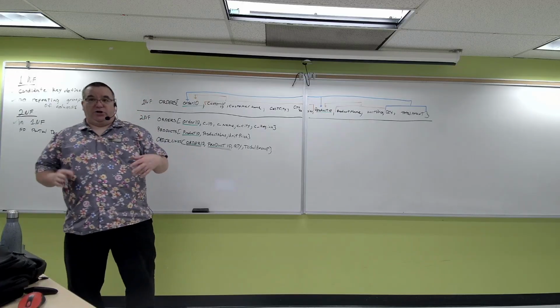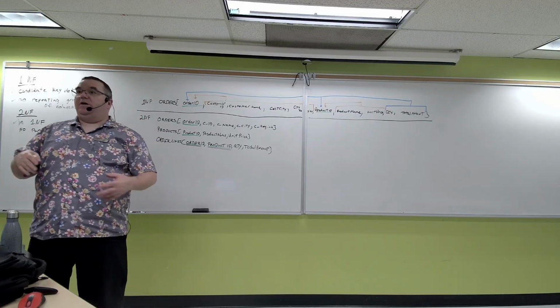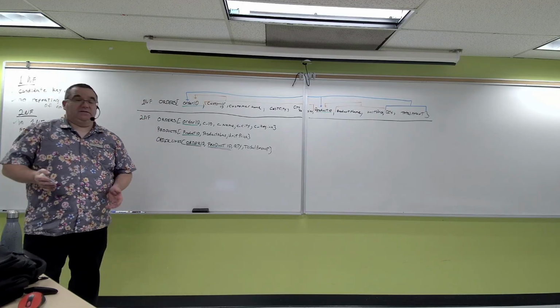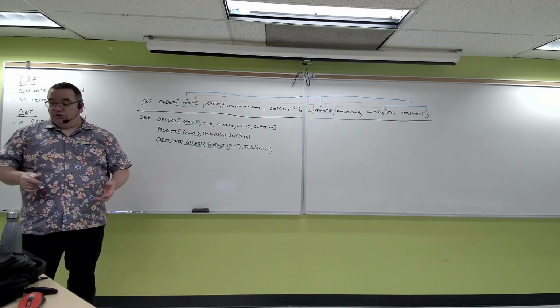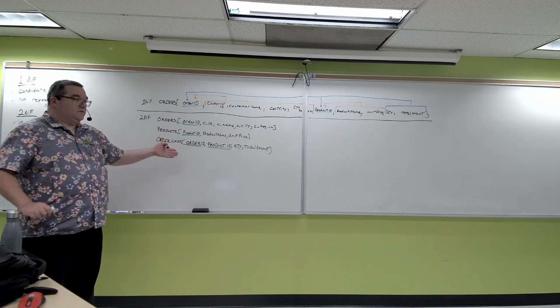So therefore they're partial dependencies, and to be in second normal form, you have to get rid of the partial dependencies. And you get rid of the partial dependencies by decomposing them into smaller entities.